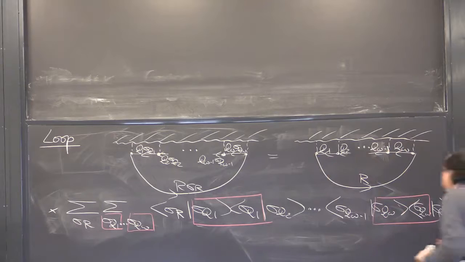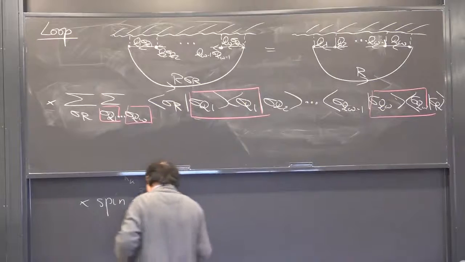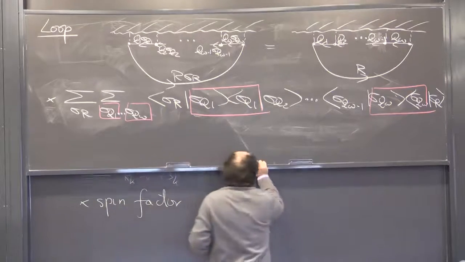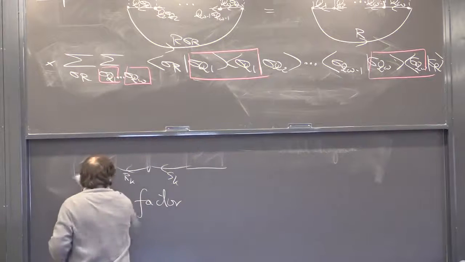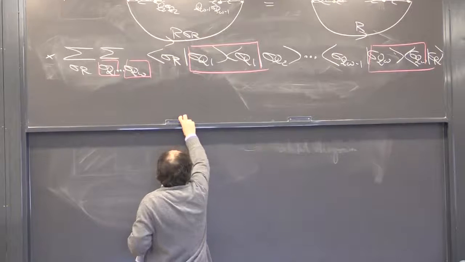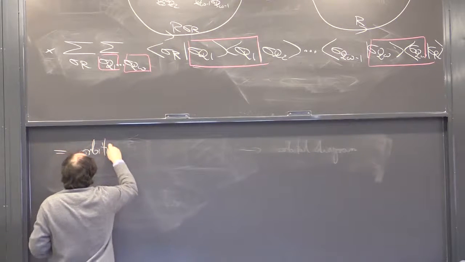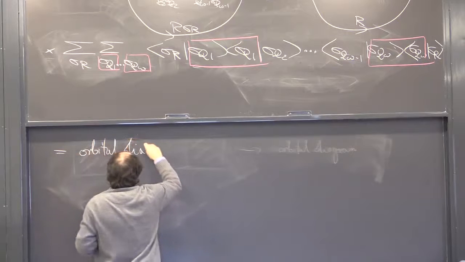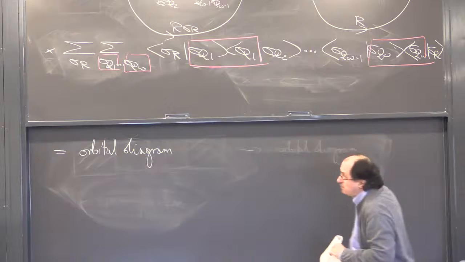And I'll be just left with the following. I'll be left with the orbital diagram. So again, I will not redraw it, I'll just write it in plain English. So I end up with an orbital diagram times the factor that comes from the spin consideration.